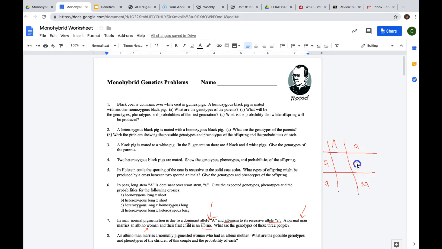And here. So it's asking what the genotypes of these three people are. Here's the father, mother, and child. Okay. All right, let me get off this and scroll down.